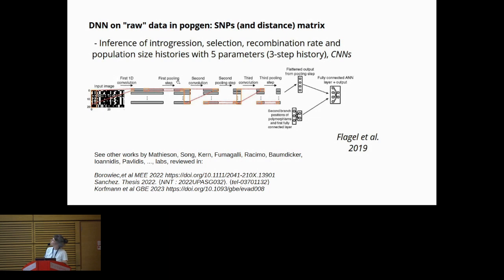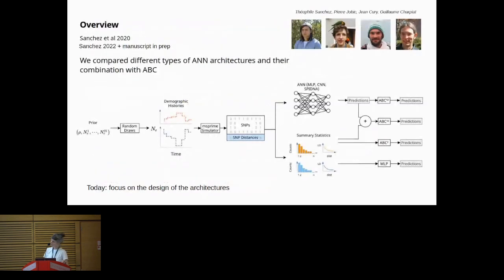This is one work where they use that to infer introgression, but also recombination rate along the genome, I think, selection, many things. And here are some reviews that you can look at if you want to know a bit more about population genetics applications of neural networks.